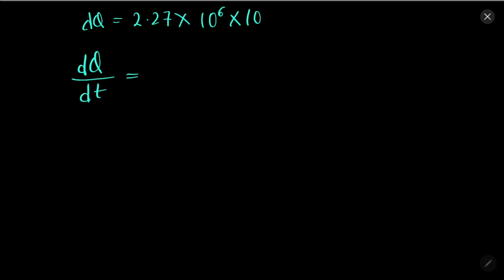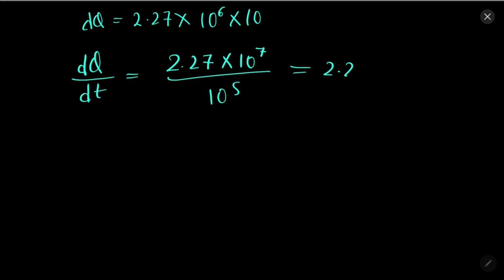Then dQ is 2.27 into 10 to the power 6 into 10, dQ over dt equal to 2.27 into 10 to the power 7 over 10 to the power 5, which will be 2.27 into 10 to the power 2 joule per second.